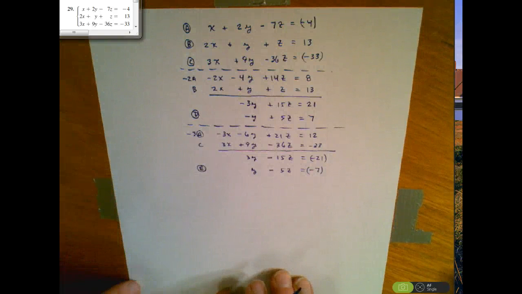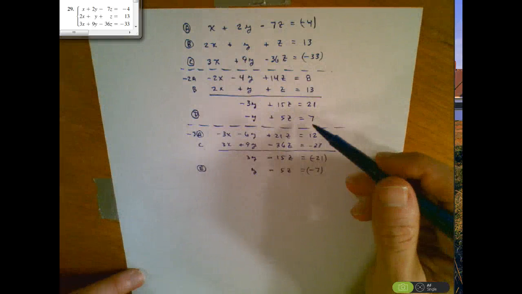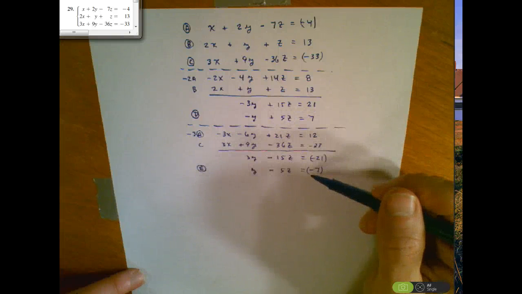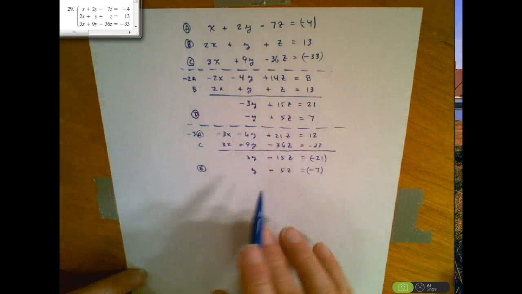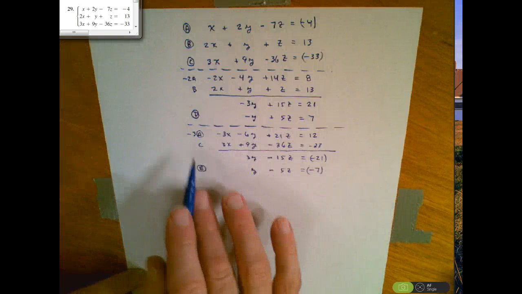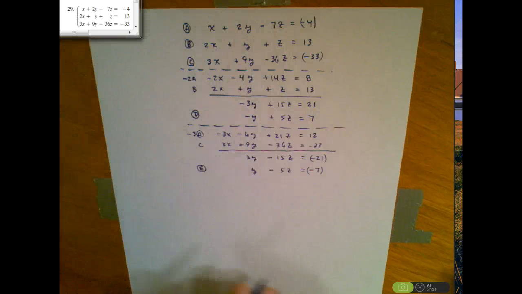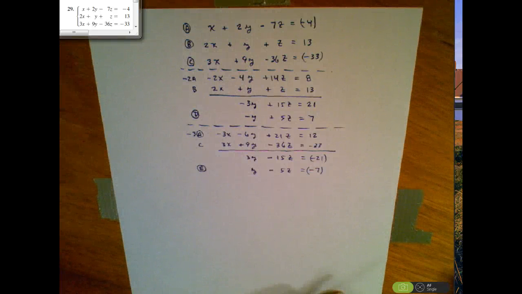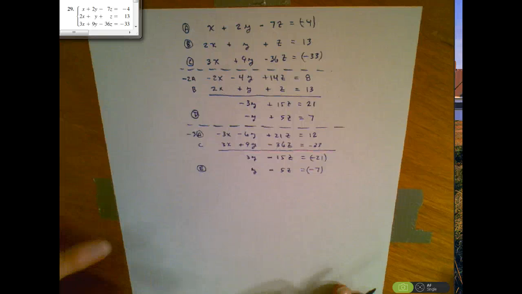Now I'm looking at equations D and E, and I notice that they're really the same equation. If I multiply E by -1 on both sides, I get the exact equation as D. So it turns out that in this system, I really haven't eliminated a variable. So what I'm going to do is solve for y in terms of z, and I will then see what I can obtain.